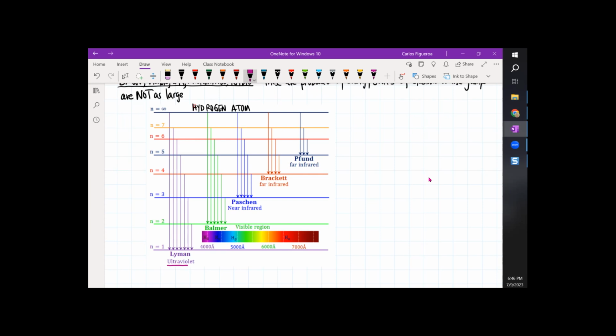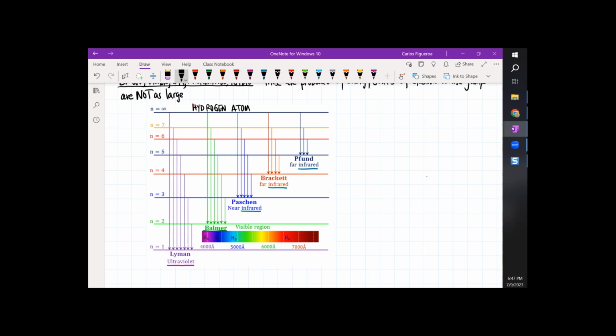You could see here that this right here is ultraviolet. It has a bigger jump. If you look over here, look at Balmer. It has the second biggest jump. And then what you're seeing in hydrogen is that you're starting to see infrared, infrared, infrared. So there's a bigger spread in infrared, but there's less.